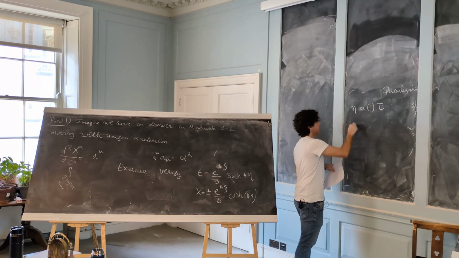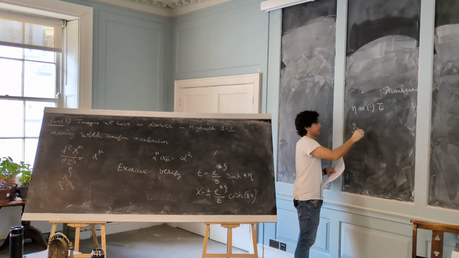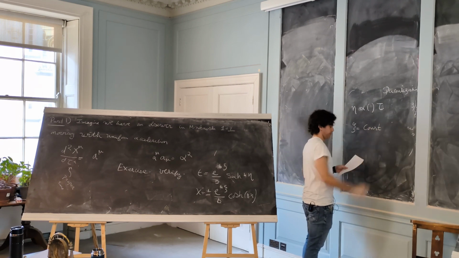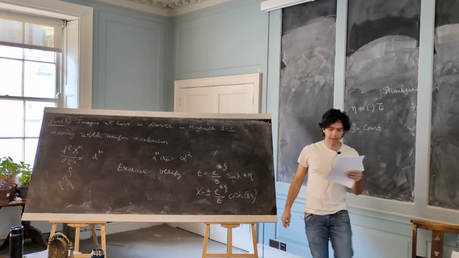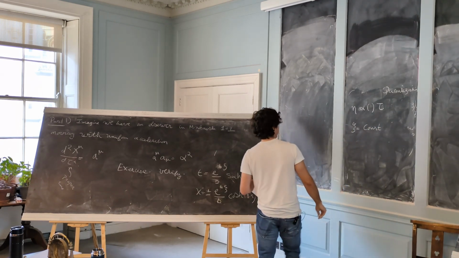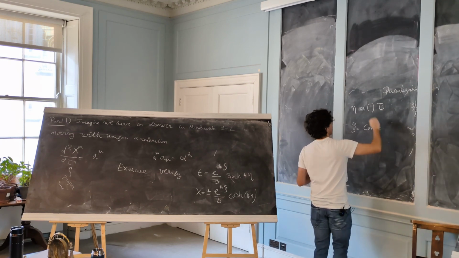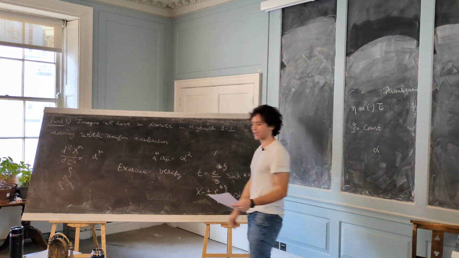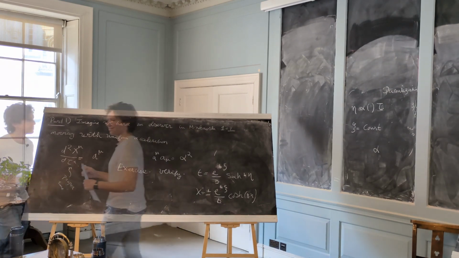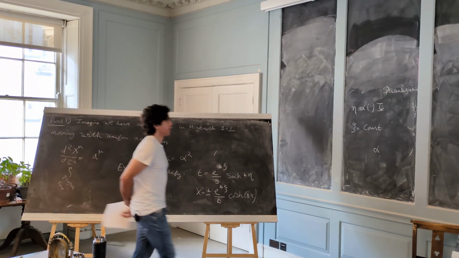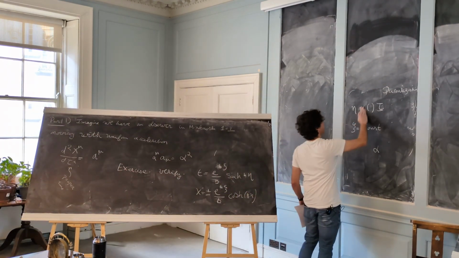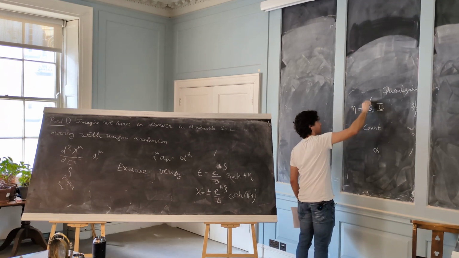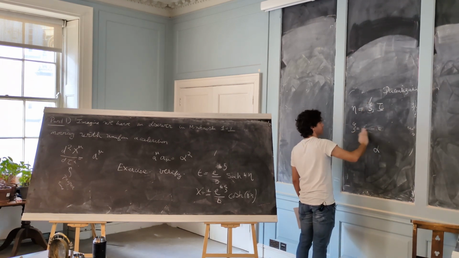And x_c is just another constant that you have to find. And you need to find the relation between these constants and alpha. So go ahead. By the way, this is not alpha, this is proportional. So let's just call eta equals s tau, and you have to determine s.